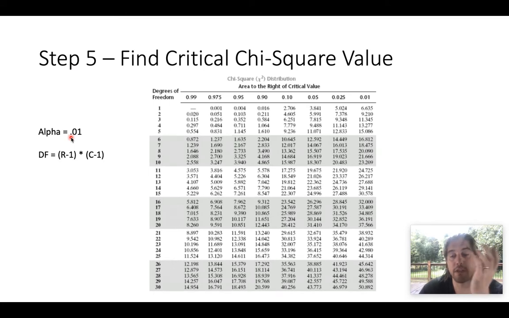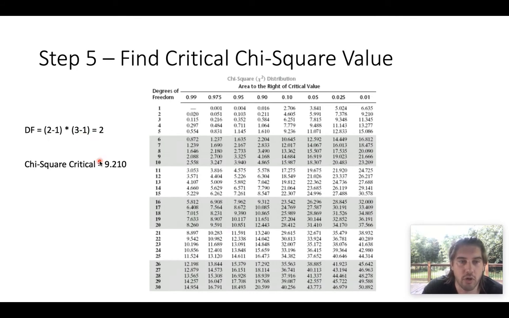So we need to find our critical chi-square value. If you remember back to the problem, alpha was 0.01. We derived degrees of freedom using this formula, the number of rows minus 1 times the number of columns minus 1. So there were 2 rows, rent and own, and there were 3 columns, teacher, lawyer, doctor, right?